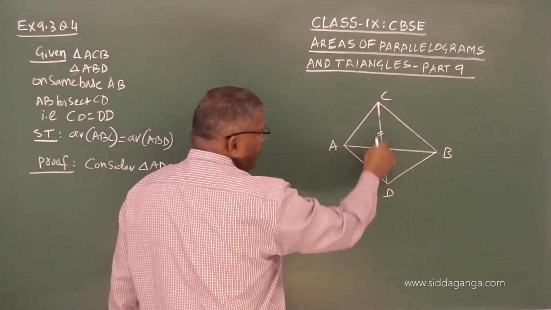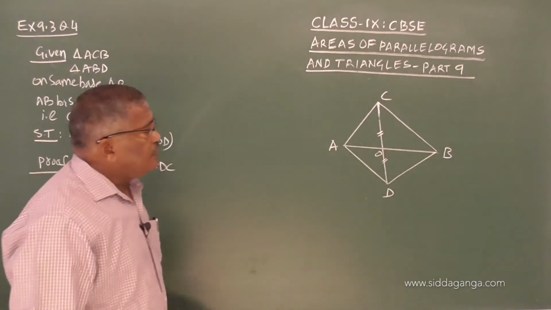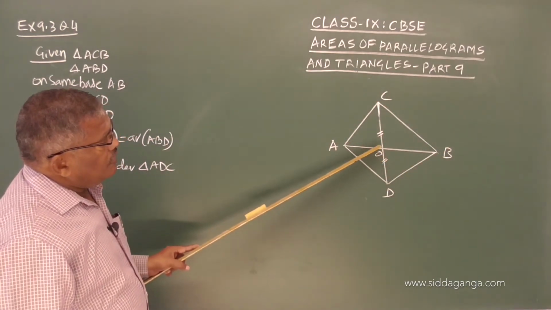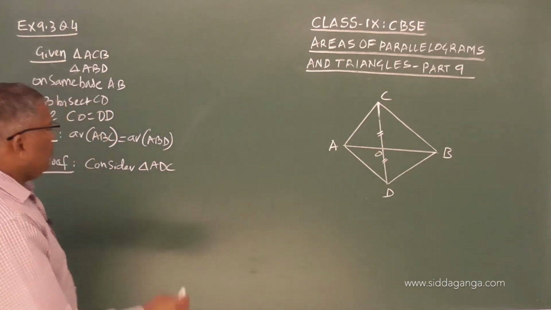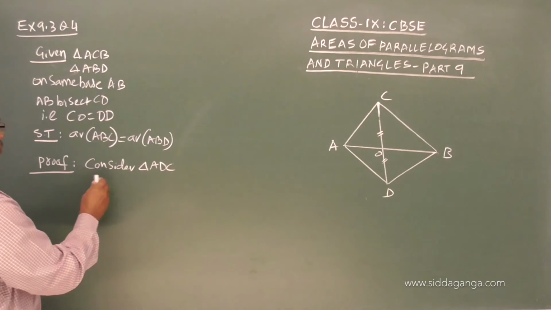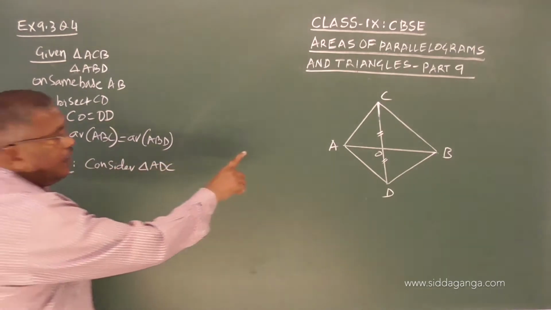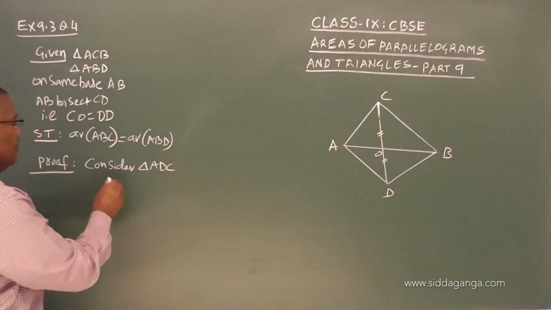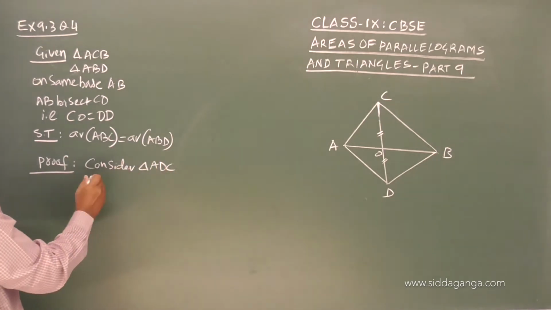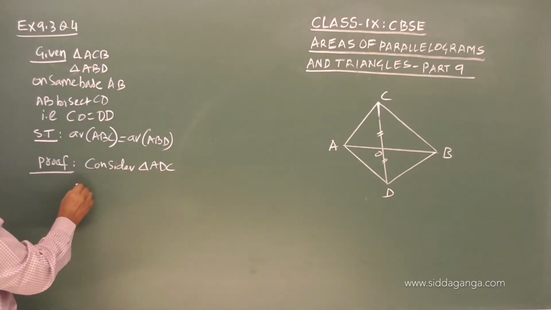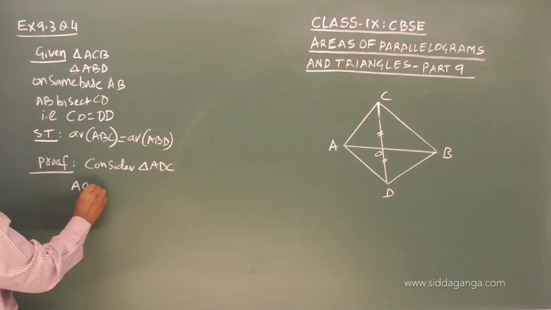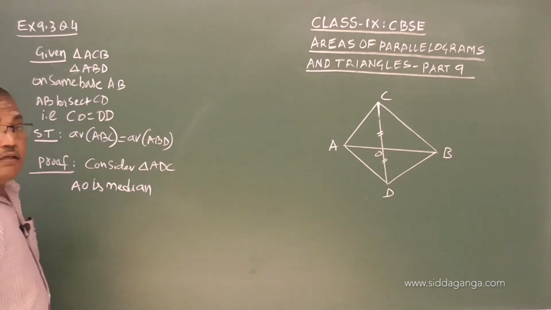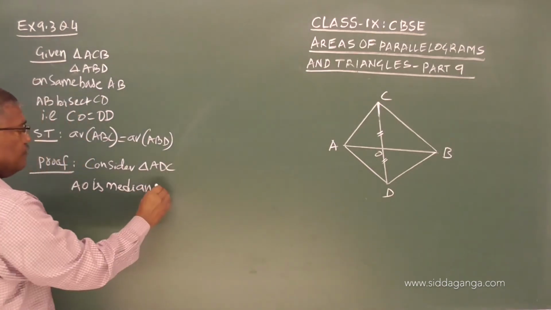Since O is the midpoint of CD, because AB is bisecting CD, therefore AO is median in this triangle ADC. AO is median. The reason is O is the midpoint of CD.